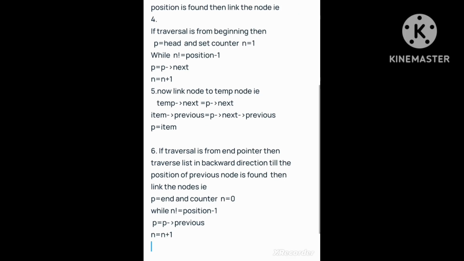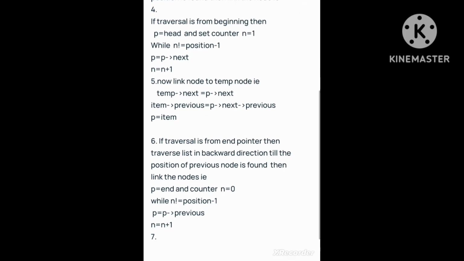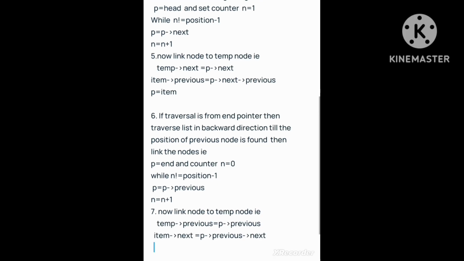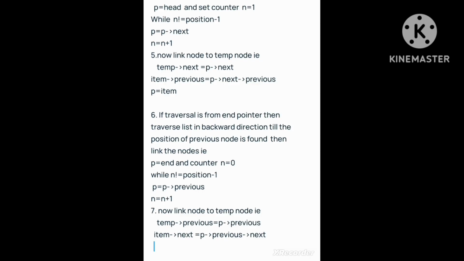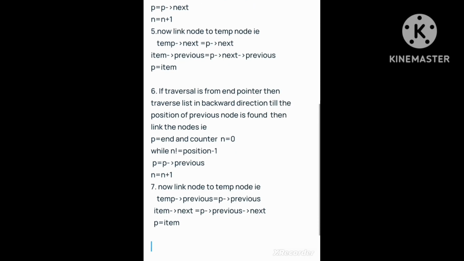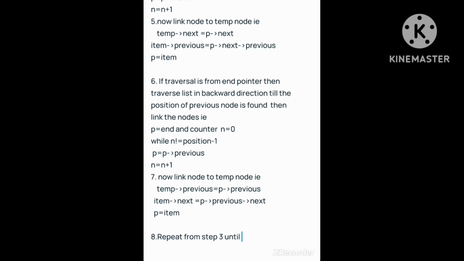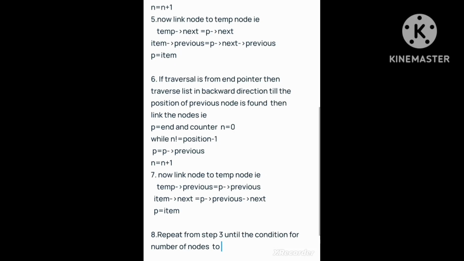In this way the nodes are inserted into the doubly linked list from both directions, forward and backward, until some terminating condition is satisfied. So in this way the nodes are inserted recursively on the doubly linked list until some terminating condition is satisfied, and the insertion operation is performed on a doubly linked list.